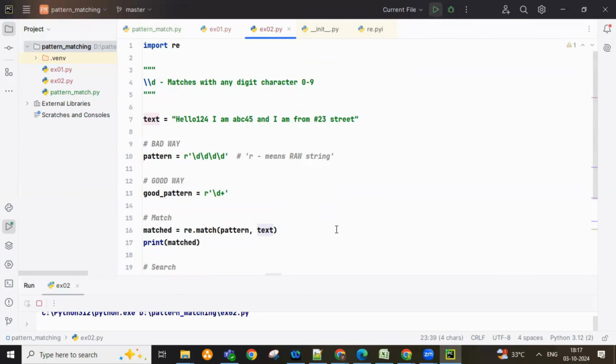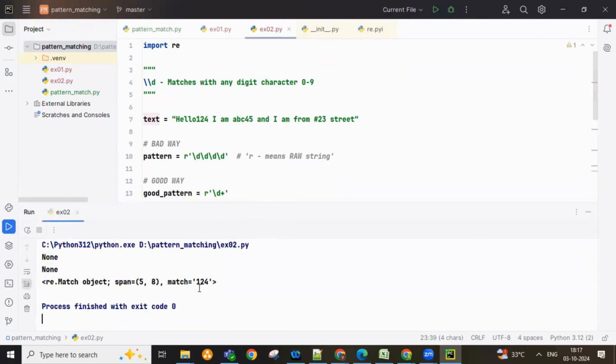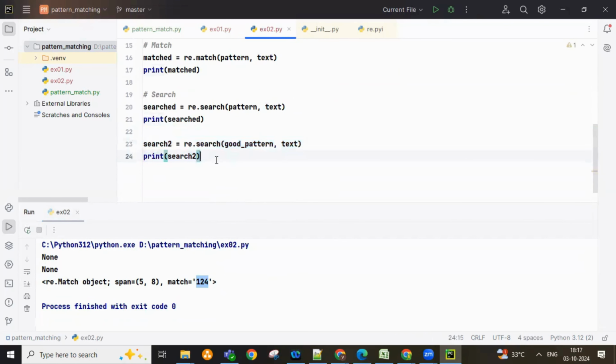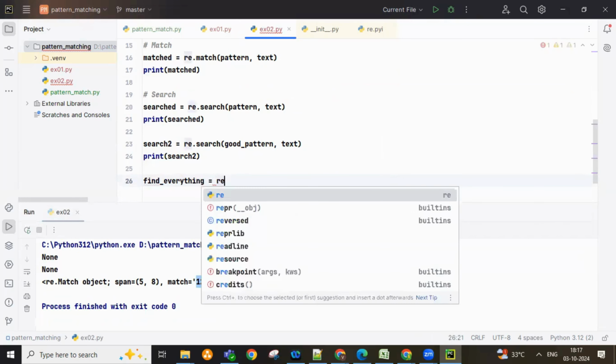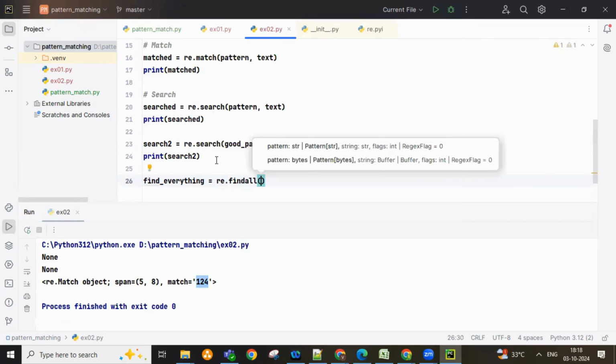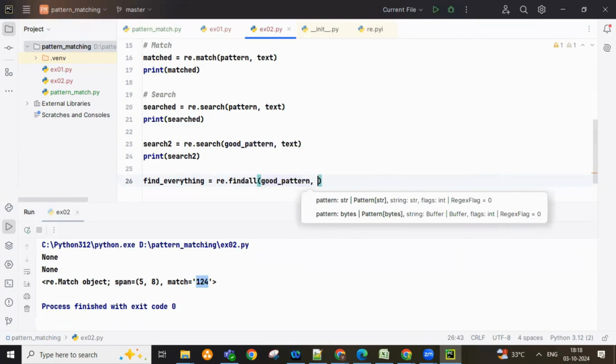Perfect. Got it? Right. So if you want to get everything matched with that data, find everything equal to re dot find all, right? Good pattern comma text. Got it?